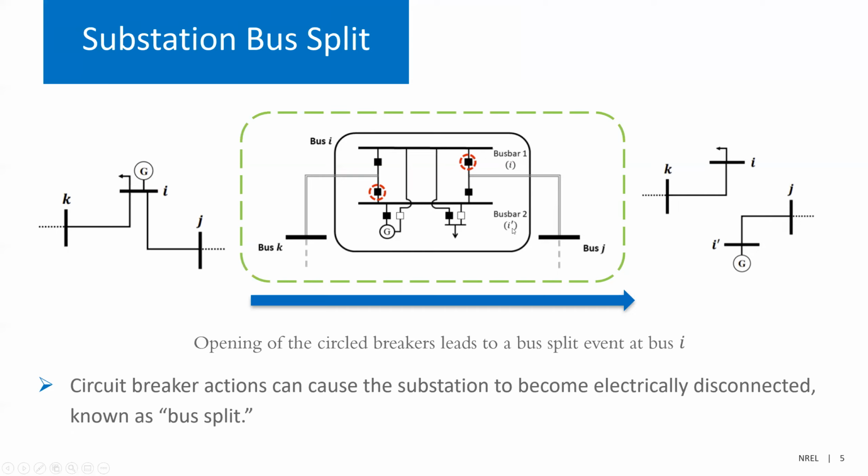After we do this type of operation on the breakers, this single bus I will be split into two separate buses, I and I prime. This is how we can enable the bus split operation.